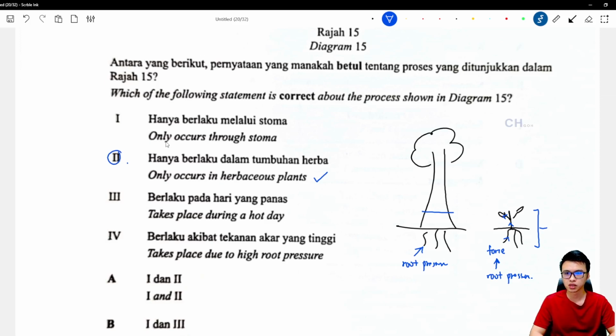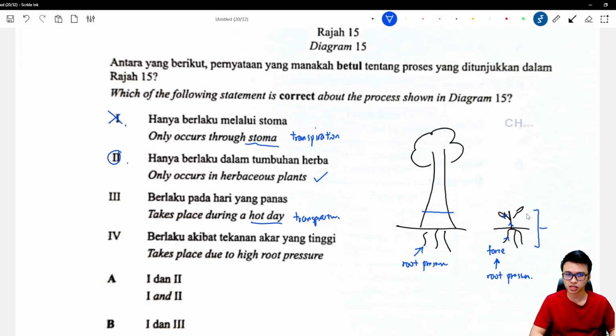2 is correct. Occurs through the stomata? No. If the evaporation of water occurs through the stomata, this is called transpiration. And transpiration and guttation are two different things. Occurs during the hot day? No. When it is a hot day, transpiration will occur, because no water accumulates in the plants.